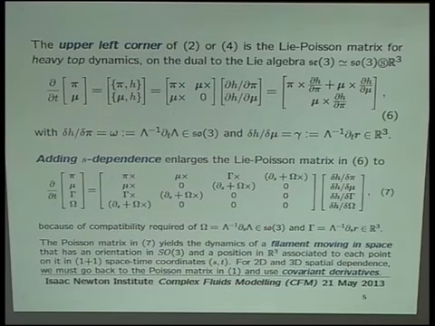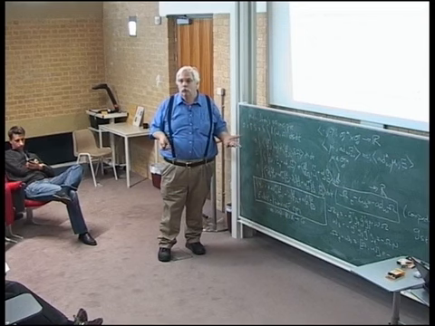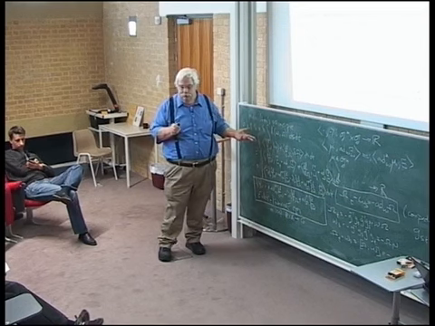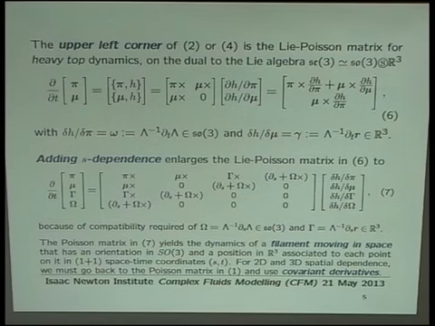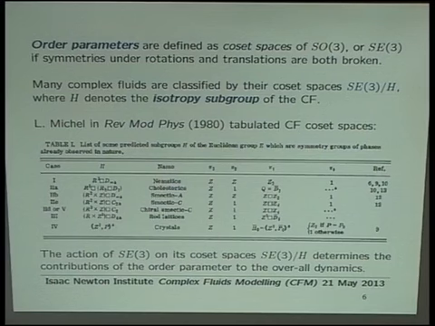Then you see that this upper left corner is just the Poisson bracket for the heavy top, and we know that the dynamics of this system is going to be interesting because heavy tops can do a lot of things. Okay, if we add the S dependence, then we get these other two rows, and finally, if you add the action on the coset space, you get the last one.